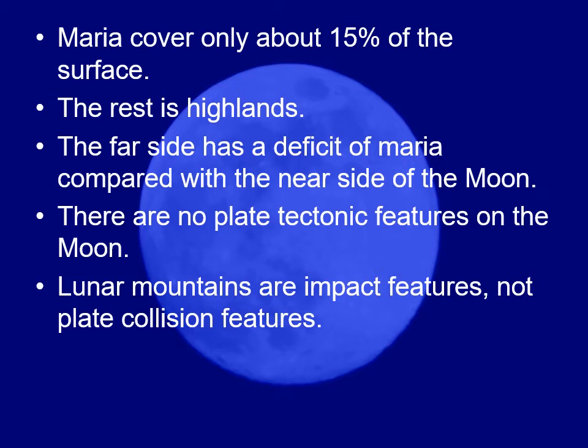For example, around the edges of some of these seas are big mountain ranges. Well, we think that what has happened is that the seas were caused by a big asteroid that slammed into the surface of the moon, gouged out stuff, and piled up a big rim around the outside. Those rims are some mountain ranges right there.